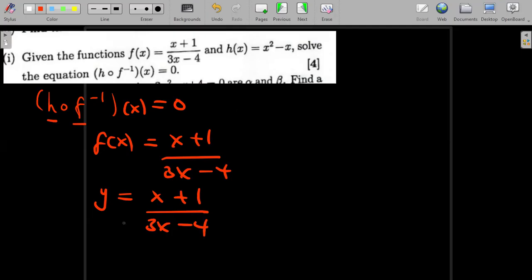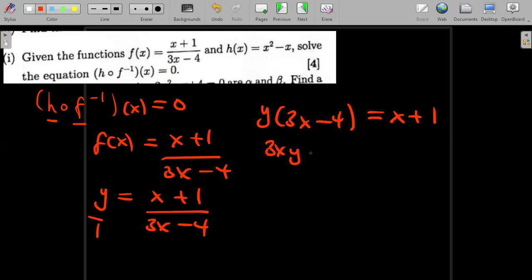The next step is to make x the subject of the formula. Here I'll just cross multiply, then I'll have y multiplying (3x minus 4) equal to x plus 1. When I expand this, I get 3xy minus 4y equal to x plus 1.